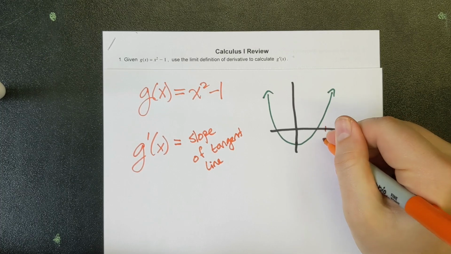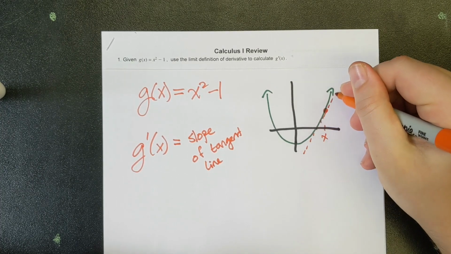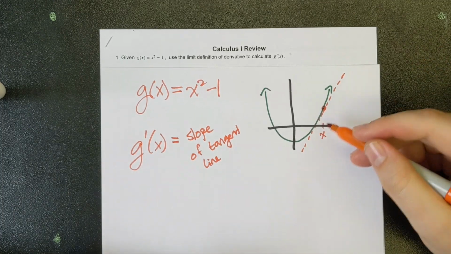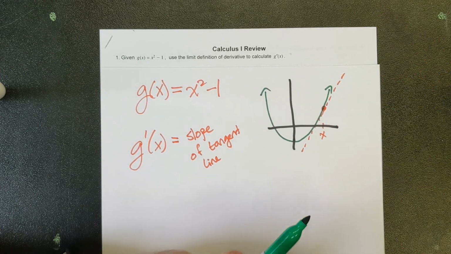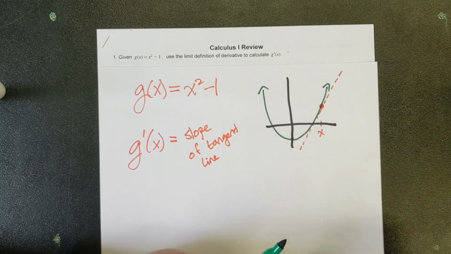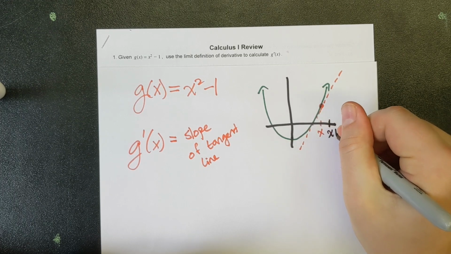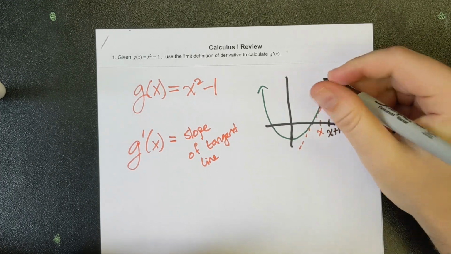So given some value x, you imagine, okay, here's some tangent line. And how do we find the slope of this tangent line? Well, we can approximate it using a secant line. And so what we do is we pick a value very close to x, just a little bit bigger, x plus a tiny h.